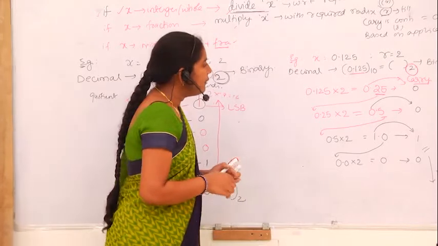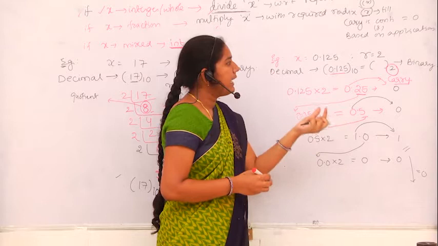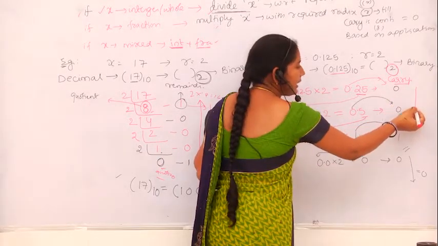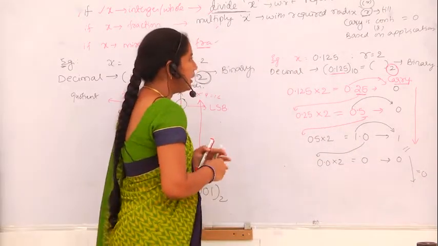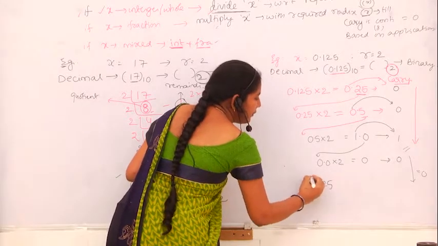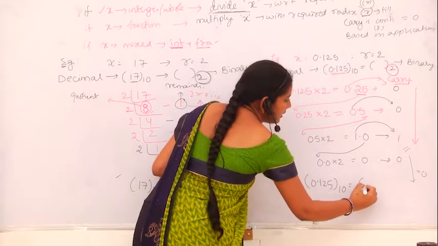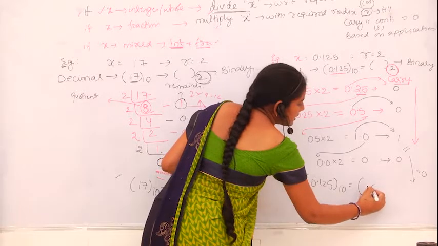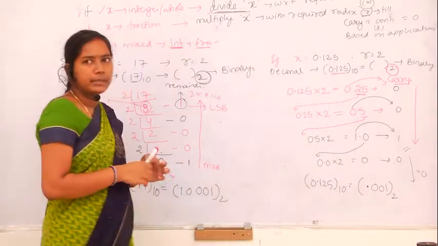Now we consider these carry values as the equivalent binary, taking all carry values in the downward direction. The equivalent of 0.125 of decimal is nothing but, with the binary point, 0.001 of binary.